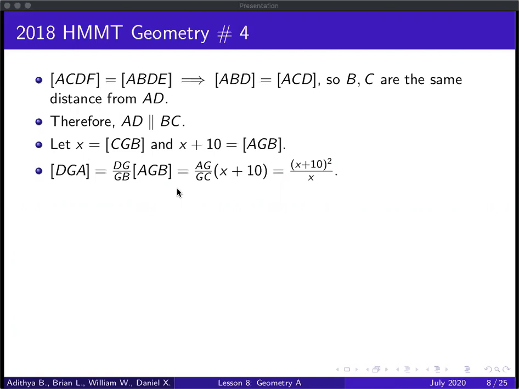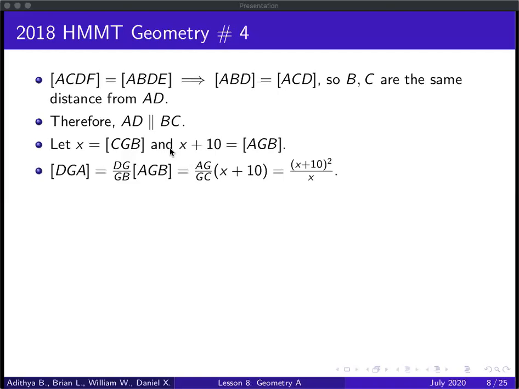And we see that those two triangles also just have the same height. So in particular, we see that the ratio of AG to GC is just x plus 10 to x.